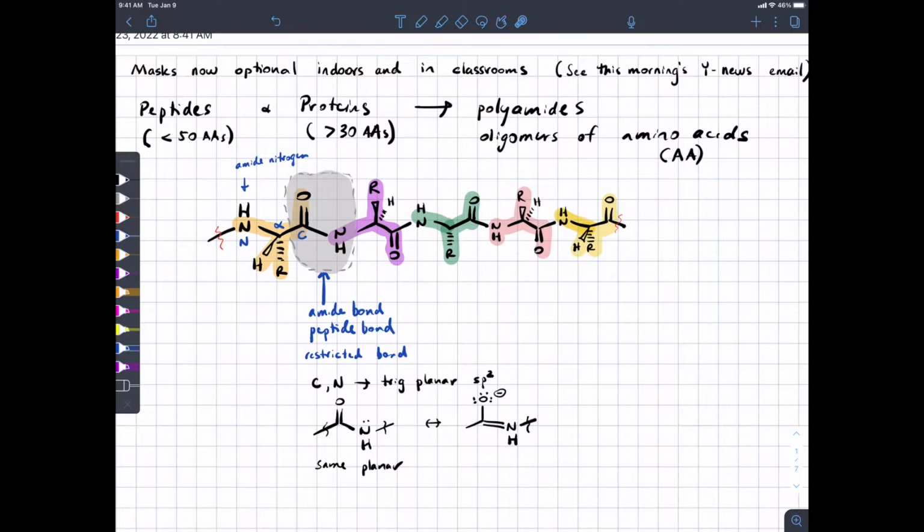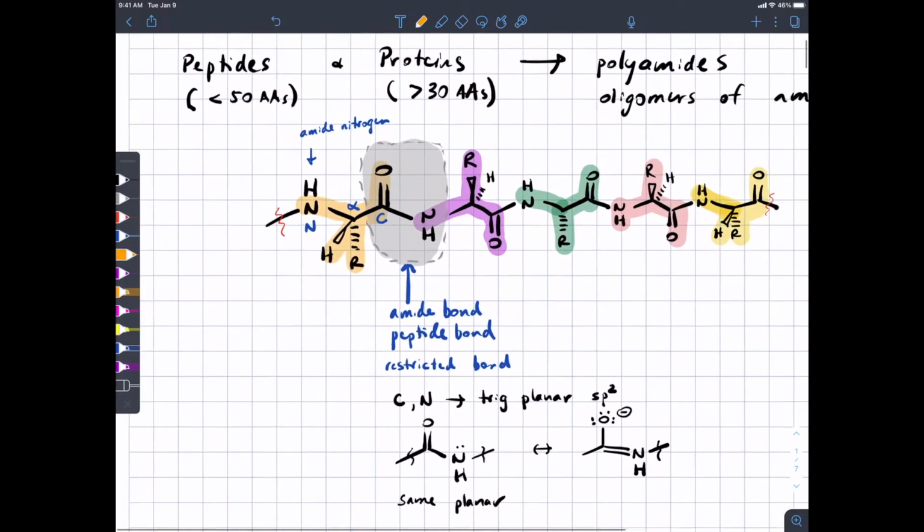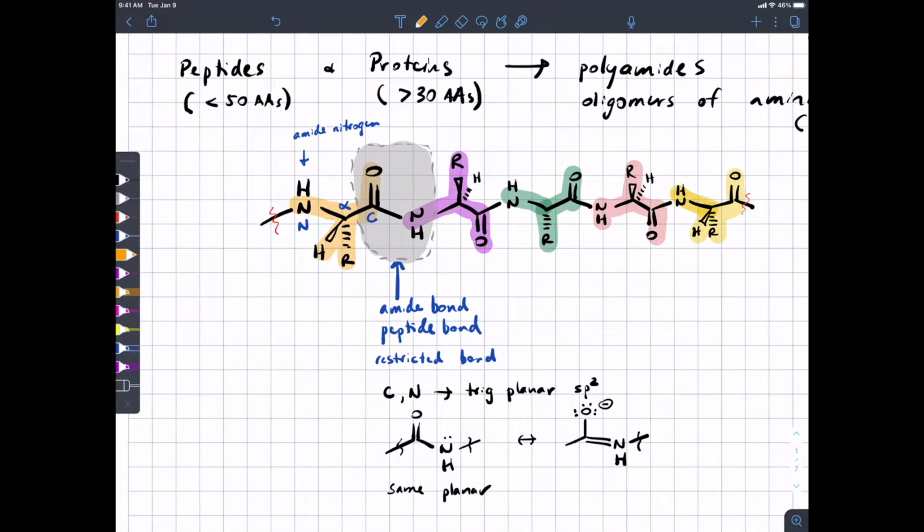So sometimes when talking about secondary structure in peptides and proteins, we want to talk about the position of two different amino acids in relation to each other. So this is kind of brainless and not that interesting, but I think I'm going to use it in the next few minutes.